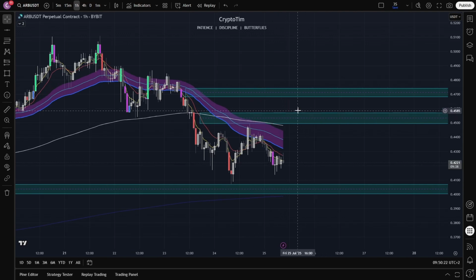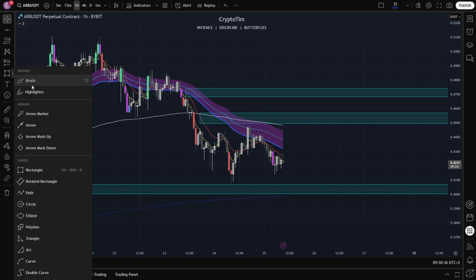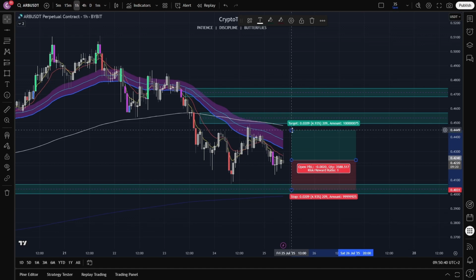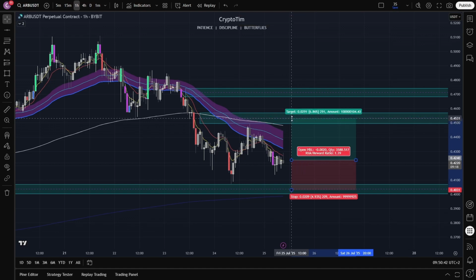I'm more tempted to look for a long position, especially since Bitcoin took quite a strong move down, it went to 115k. So we might see somewhat of a retracement on Bitcoin, so I'm more interested to see a long position here with as target the sweep of this high into this vector candle right here.